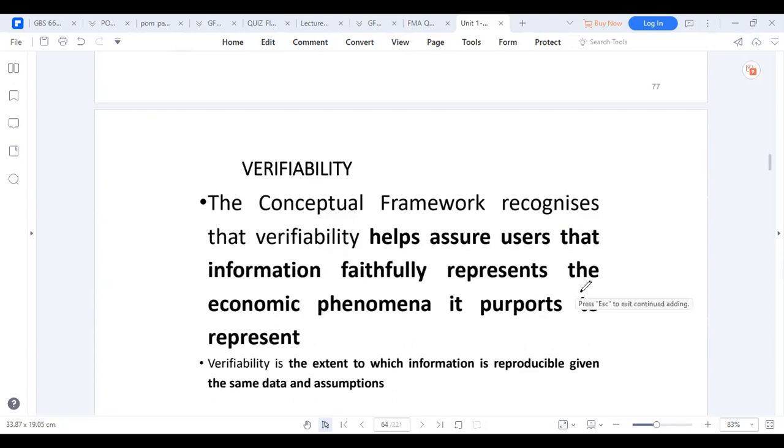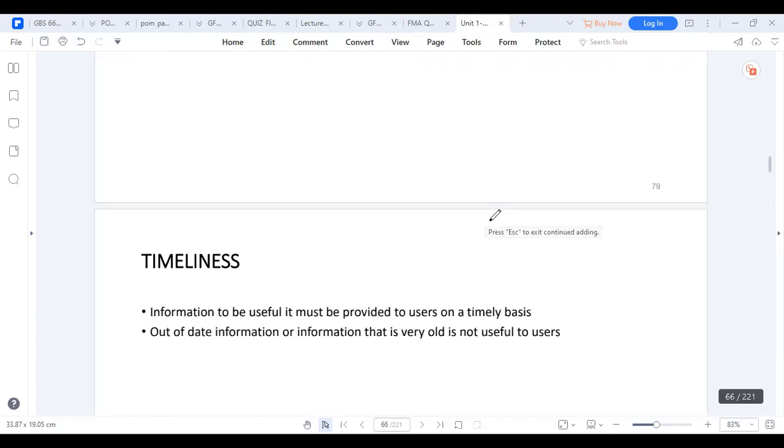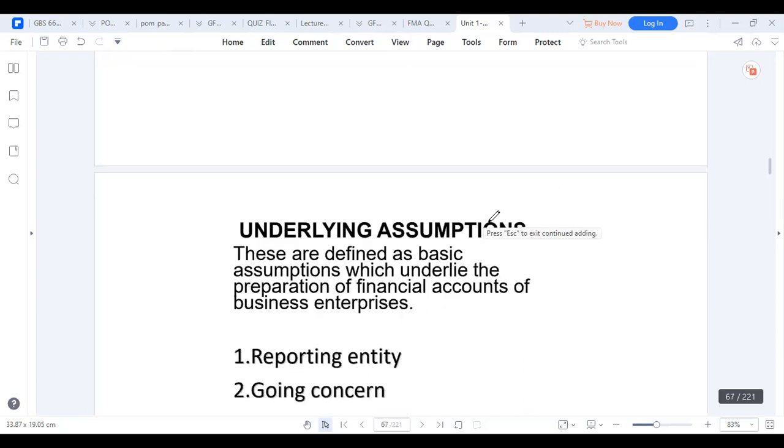Verified by auditors, which should help users to use information for decision making. Comparability simply means that this information with time and trends must be comparable. That's why we do ratio analysis to compare how the performance was. Timeliness: it must be provided on a timely basis. It must not be outdated, must be within time for useful decision making.